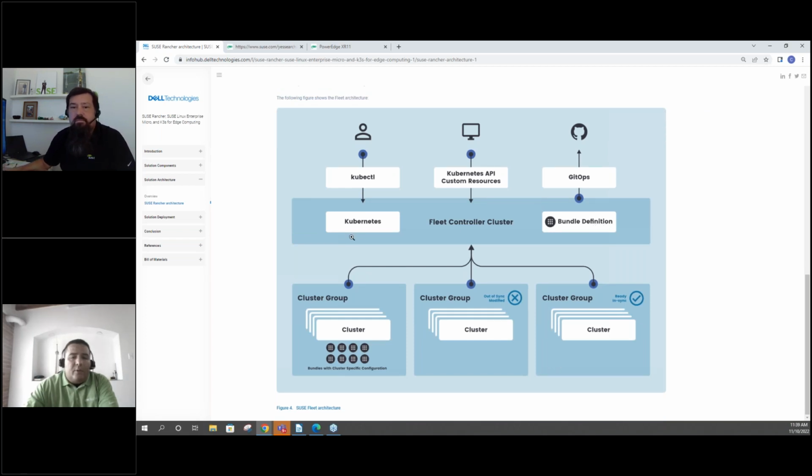You will be able to deploy those downstream K3s single node or multi-node Kubernetes clusters. So it's definitely a great and easy to use stack that will invite you to please test it, POC it. Feel free to reach out if you have any questions.